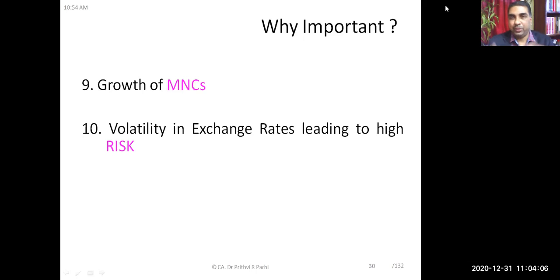This is the reason for which the subject of international business is important. And it also shows the need of international business. These 10 points also explain the need for international business. Is it clear to you?